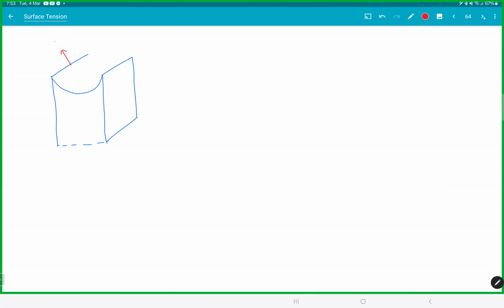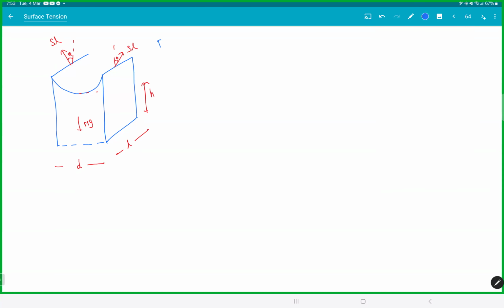So this guy would be S into L. This guy would be S into L. Remember, this is theta and this is theta. This is mg. This was d. Let this length be L and this height be h. Again, we are always taking height till here. We're neglecting that meniscus.